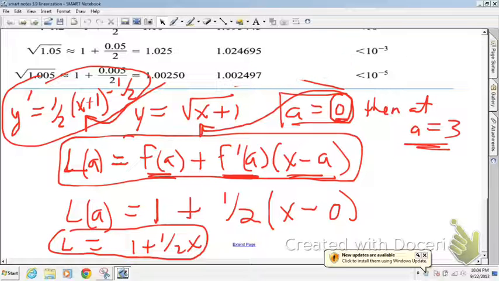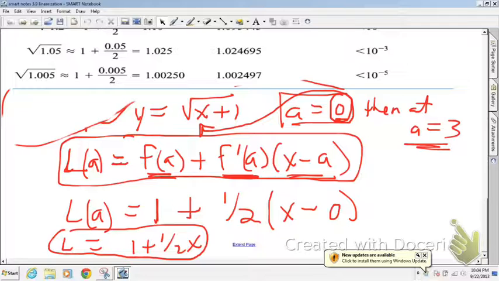So let me highlight this in another color back here. I'm going to highlight what this table is showing you now. Let me pick blue here. So this means let's take values near the center. So say 0.005.